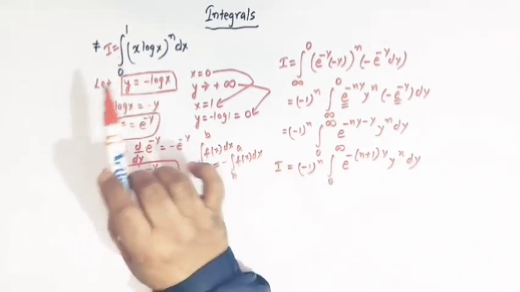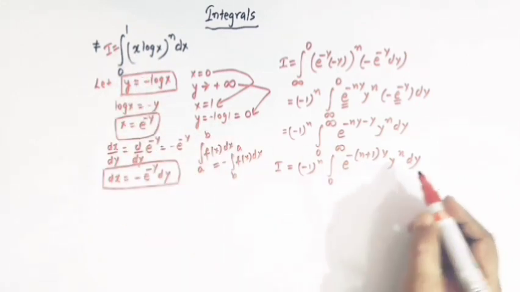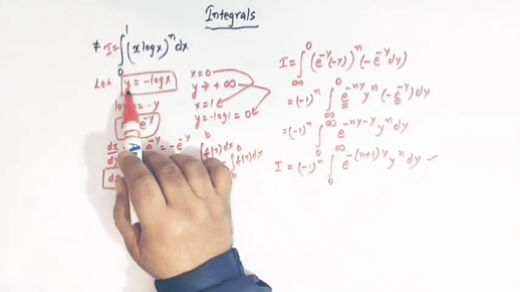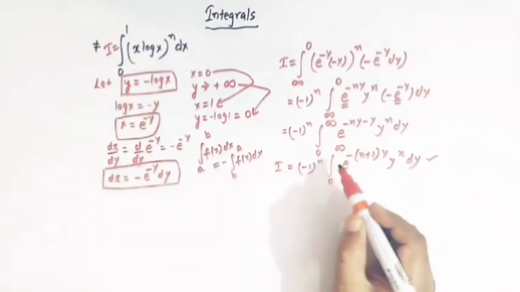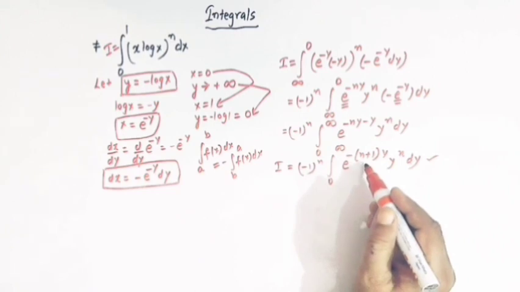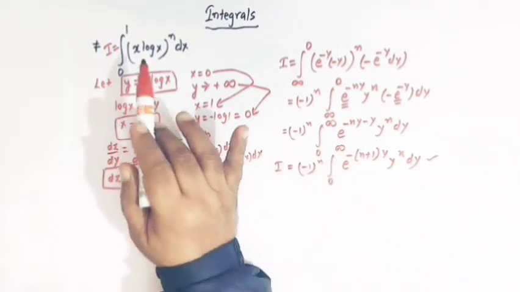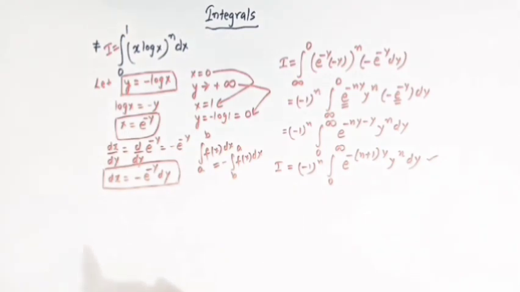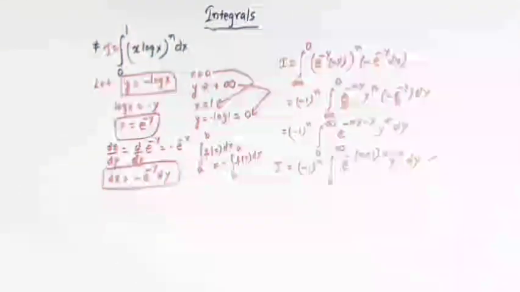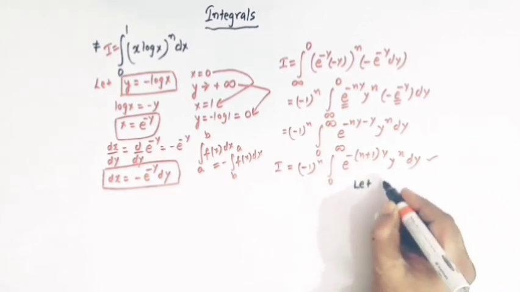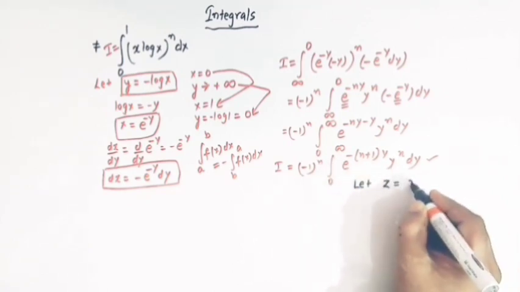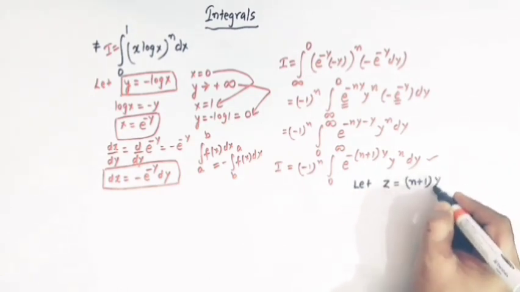So now we have reduced this integral into this one by making this substitution, y is equal to negative of log x, right? Now we'll make another substitution here. It implies that we have to solve this integral by making use of the method of substitution twice. So now let us take another substitution. Say z is equal to n plus 1 times y, right?